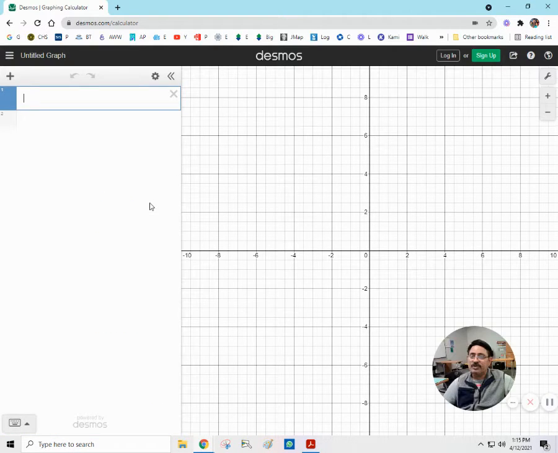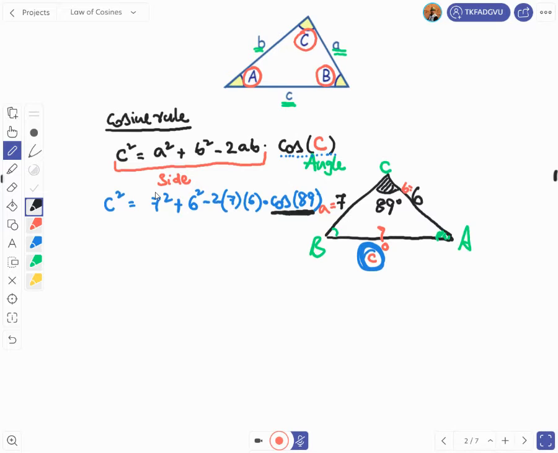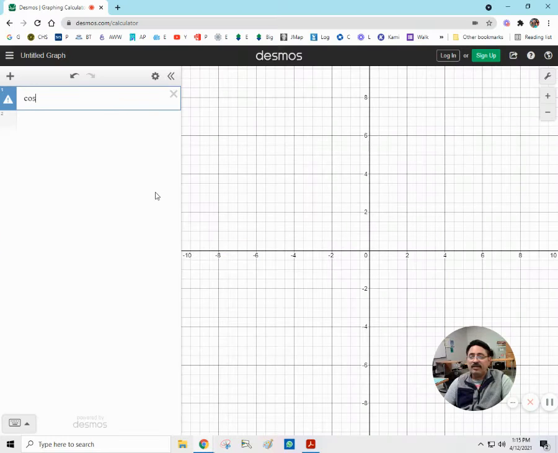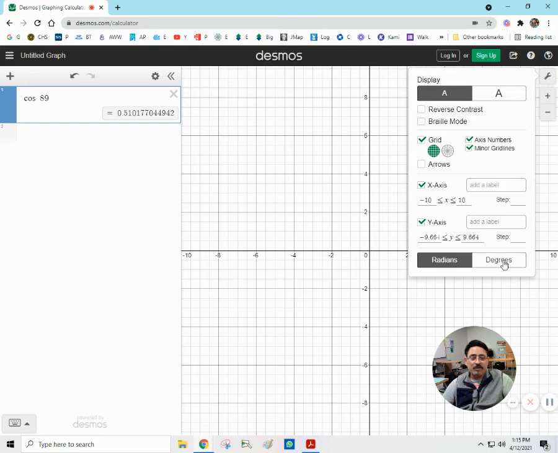So I'm using the Desmos graphing calculator. Here cos, what is the angle there? 89. Therefore cos 89 degrees. But please remember that you go to settings and make sure that you are typing degrees, not radians. If it is degrees, it is 0.017.